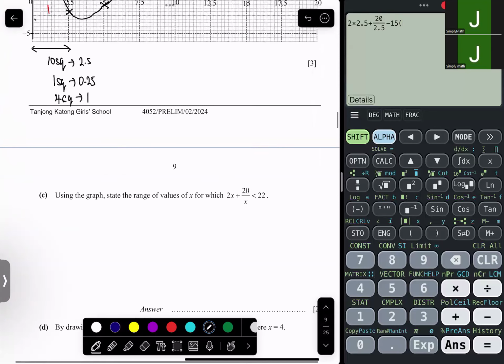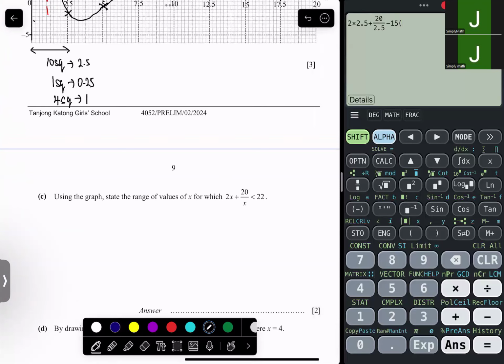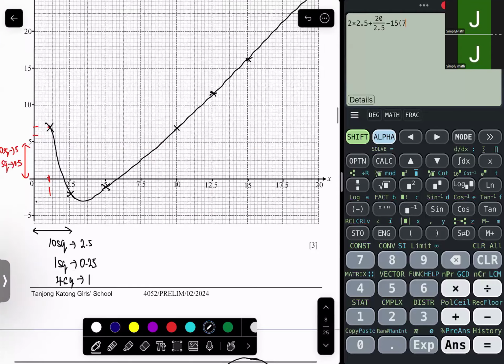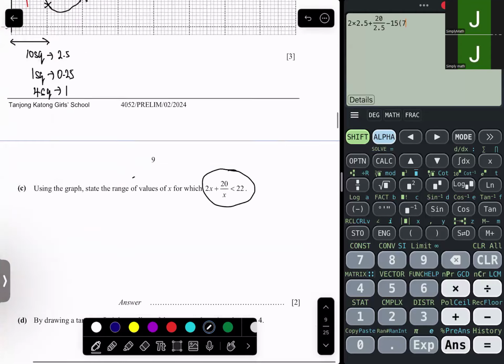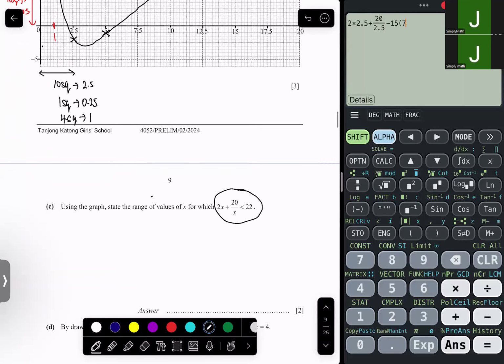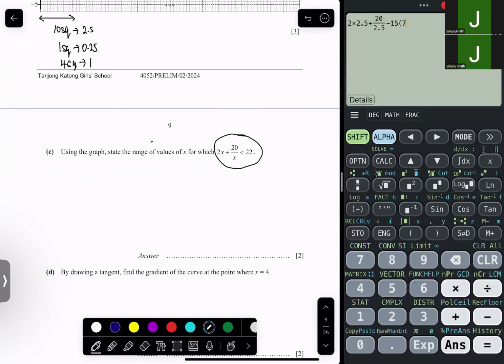Using the graph, state the range of values of x for which this is less than 22. Now, remember, the key idea is that because you are using your graph, you must have your graph. 2x plus 20 over x is less than 22.